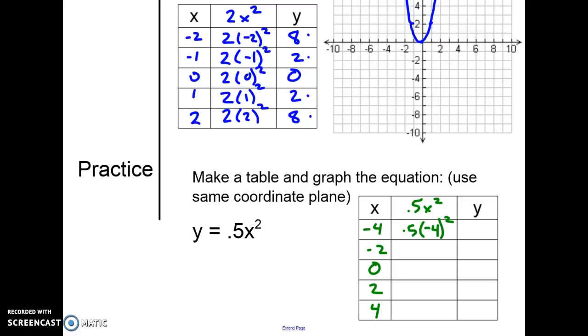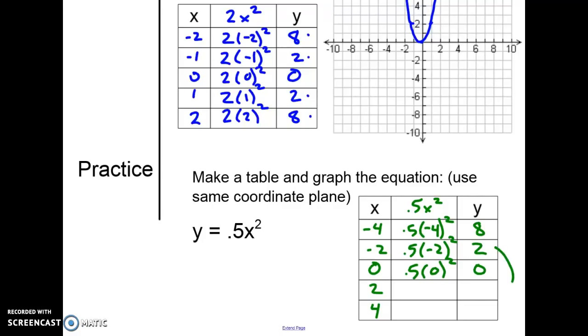Well, -4 squared is 16. But 16 times 0.5, or half of 16, that's going to be 8. And here we have -2, so we have 0.5 times -2 squared. -2 squared is 4. Half of 4 is 2. Here, once we plug in a 0, well, 0 squared is 0. 0 times anything is 0.